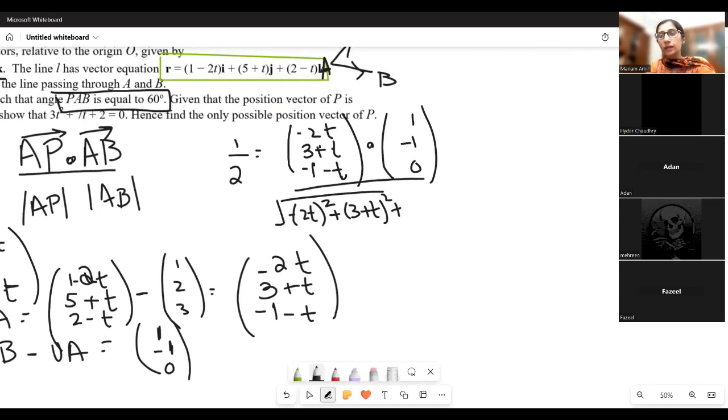Because when you square a negative number, you get a positive number. So I'm just writing 1 plus t whole square.